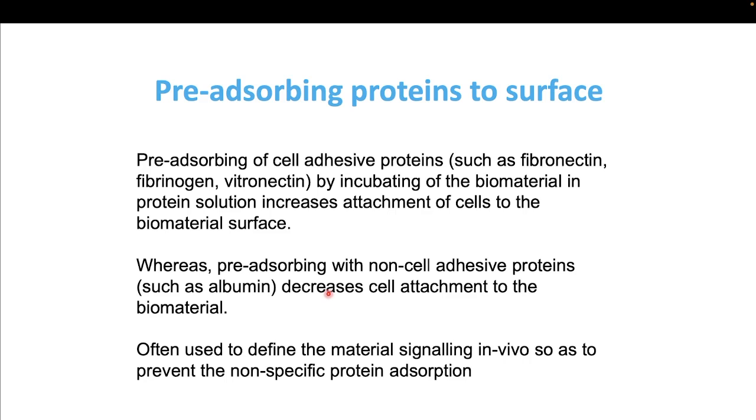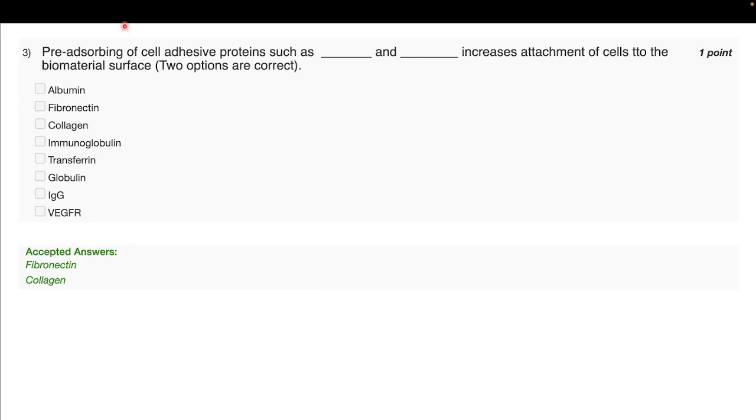So which one to use depends upon what application you are looking for your biomaterial. So for cell attachment, we have cell adhesive proteins such as fibronectin and collagen. Those are the only two options in this particular list of options here which are cell adhesive proteins. Is that okay? Is this clear? Nothing much to explain here.